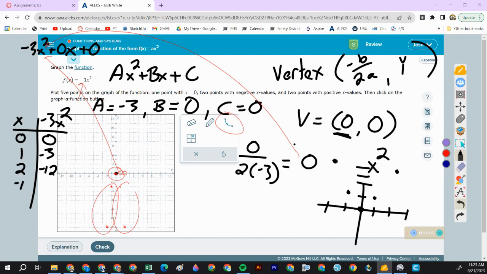Negative 1 squared is 1 times negative 3 is negative 3. And when I plug in negative 2, I will get negative 12. Both ways will work. So you start by finding the vertex. Once you find the vertex, you either plug in numbers on the sides or you just follow the pattern according to how to graph a regular quadratic.